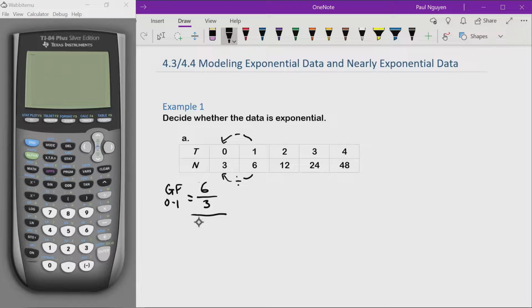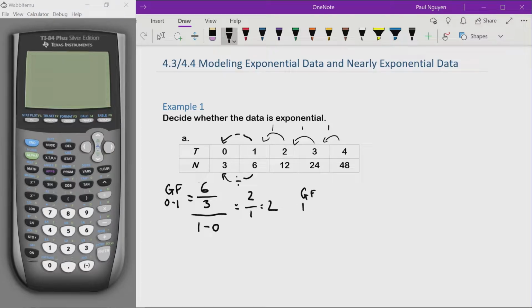So in this case, it would be 1 minus 0. This is 2 over 1, which is 2. So the growth factor from 0 to 1 is 2.